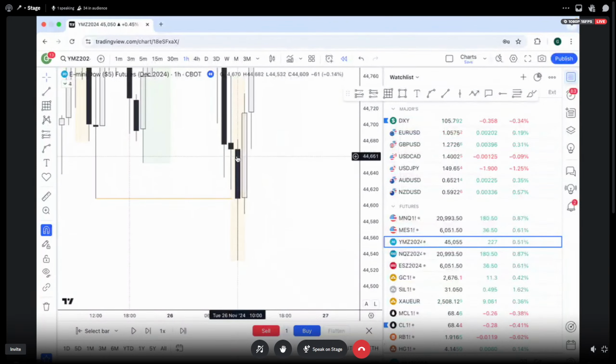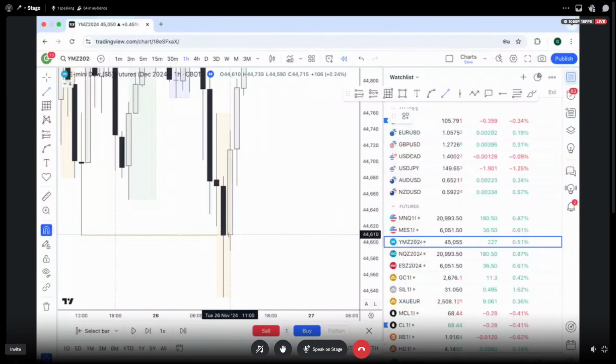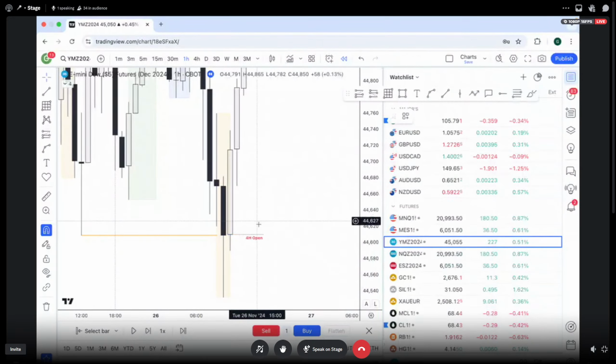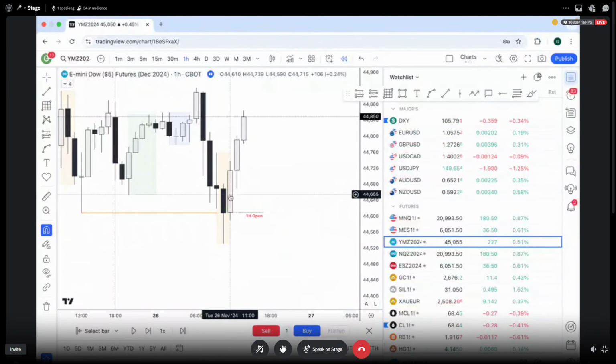Because we have this large opposing run from the open. Just wait for this open. Let's just pretend this is an hour open now. Right, so we're not going to trade this candle. Why? Because it's not an expansion candle. And wait for that next open.